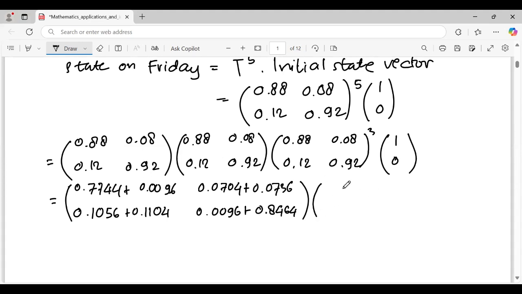That is the rule of matrix multiplication.